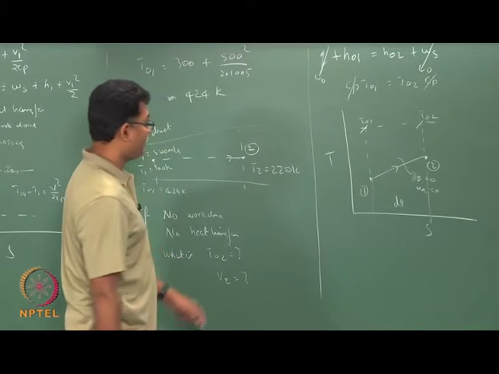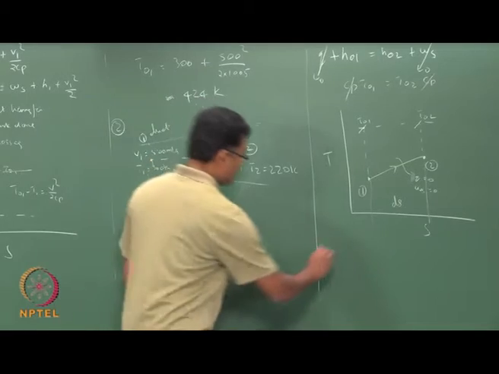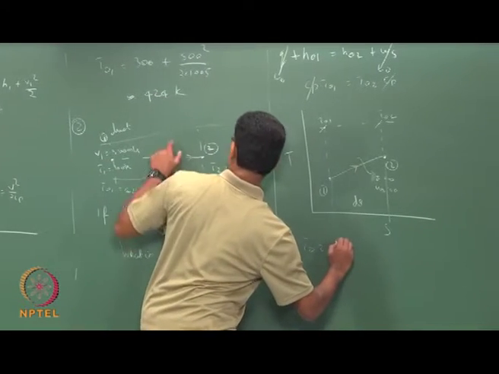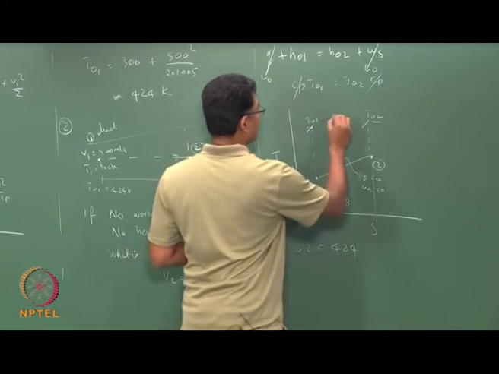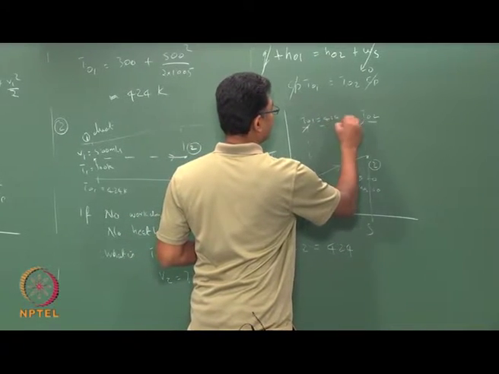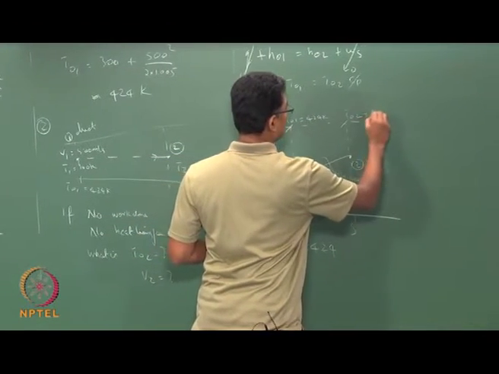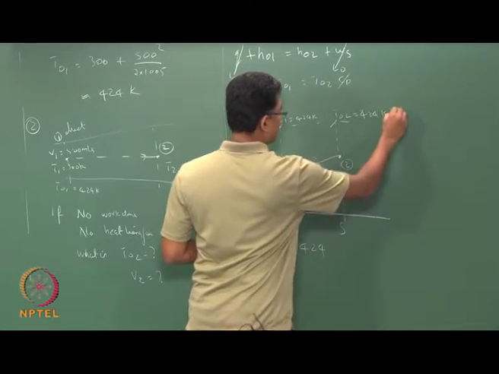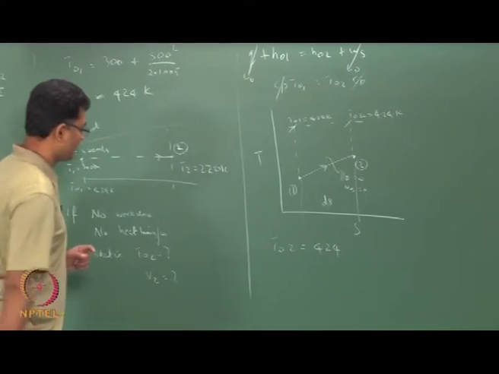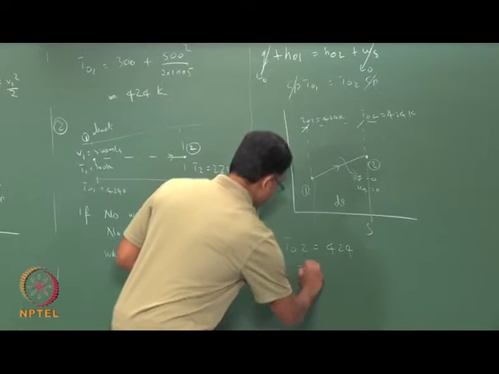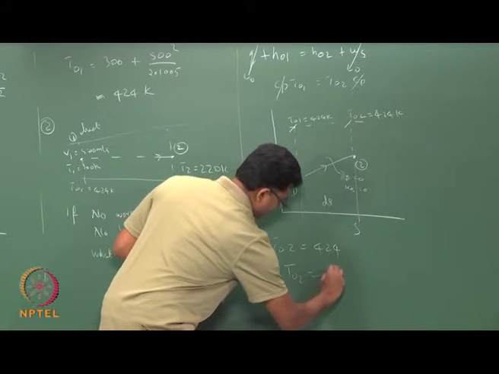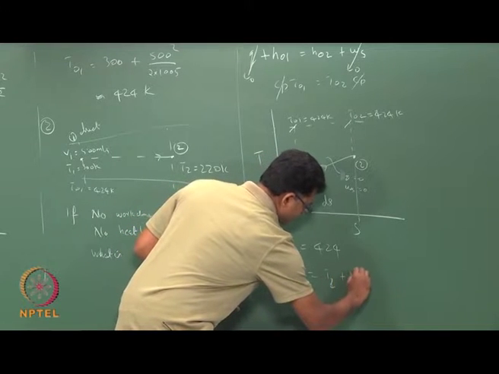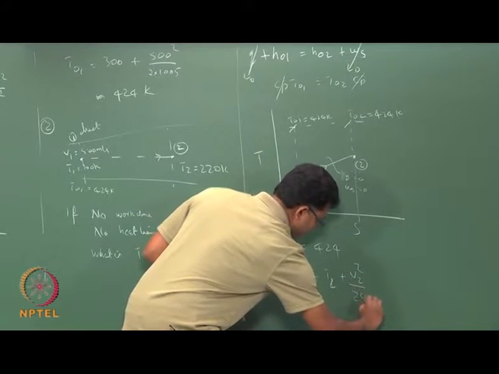So, how do we find V2? Now, we know that T02 is the same as this, which is 424 Kelvin. This is also 424 Kelvin. So, your T02 equals T2 plus V2 square by 2 Cp.